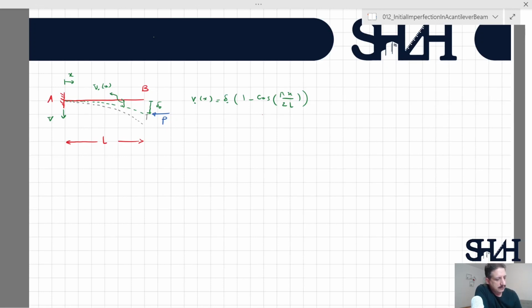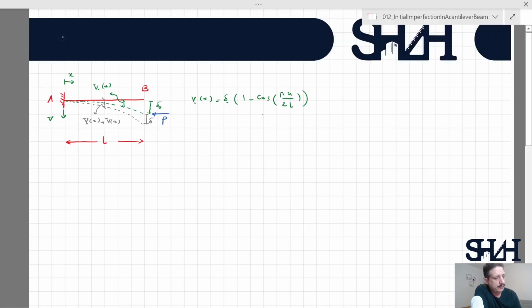So that is called at the end, for instance, delta. And at each distance of x, the total deformation is V0 at x plus V at point x.